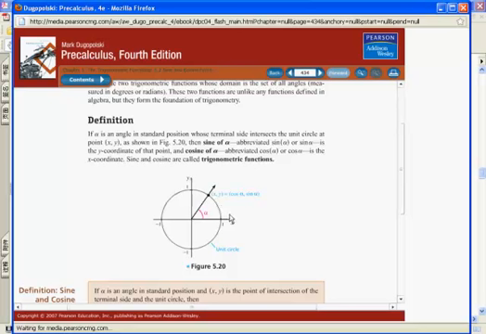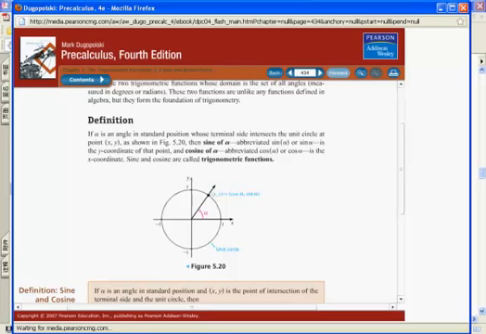Then we define the sine of alpha to be the y coordinate of the point of intersection, and the cosine of alpha to be the x coordinate of the point of intersection.